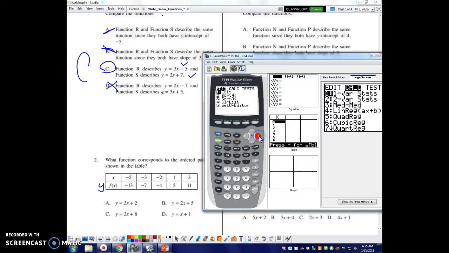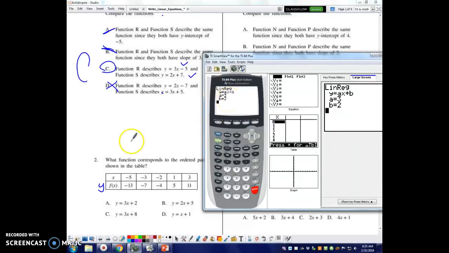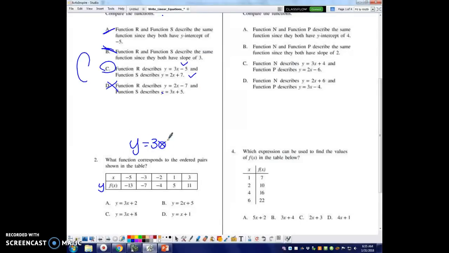Stat, over to Calc. What are we choosing? 4, because it's linear. So we have y equals 3x plus 2. Okay, that looks like it. That's not, that's not, that's not. Answer is A. Okay, so that's how you would do that.